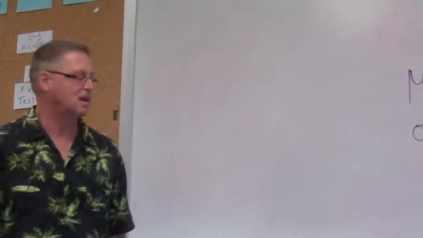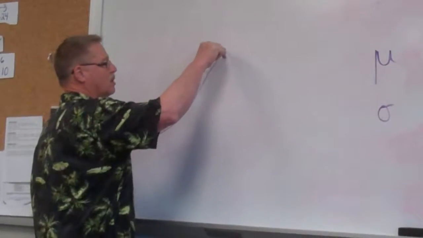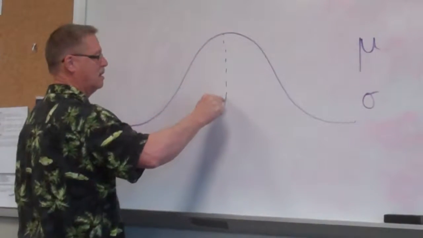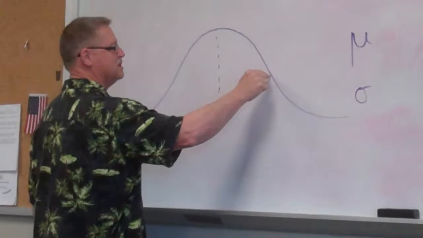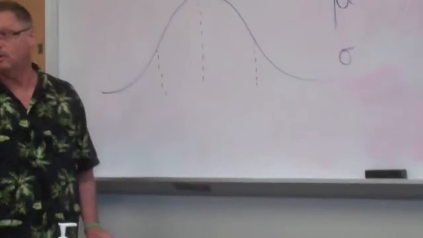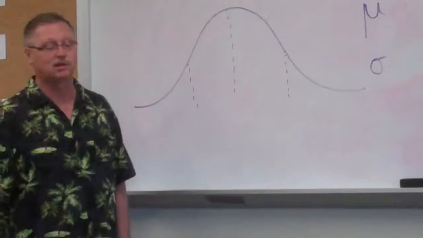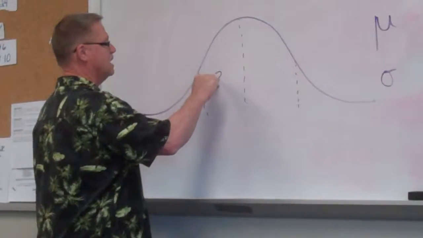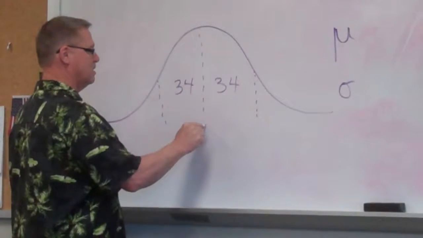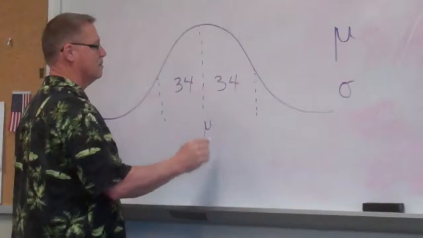And that stands for standard deviation. So in the normal curve, 68% of the samples, if it's normal, I mean there's a lot of curves that are not normal, but if it's normal, 68% of the population will fall within a standard deviation of the mean.